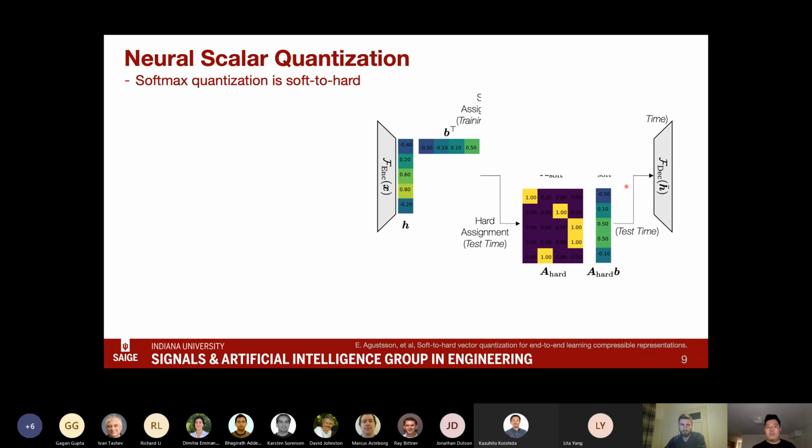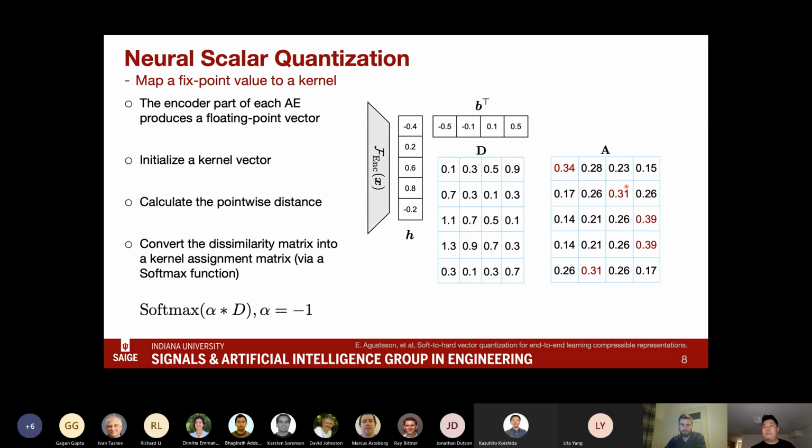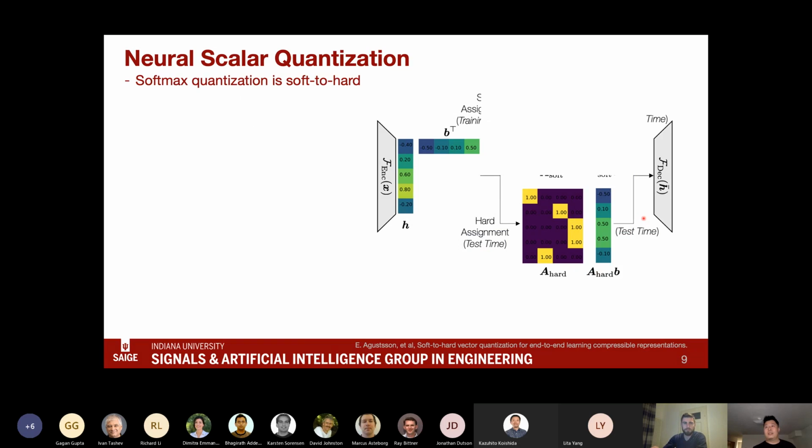Of course, to make this happen, this matrix A will need to be binarized, so that if I multiply A hard with B, we're picking the corresponding kernel in this B transpose vector. So if I'm interested in 0.2 here, eventually if the A hard matrix is this, for the second row, only one value has the probability of 1, and the others have the probability of 0. So this value 0.1 will be selected.